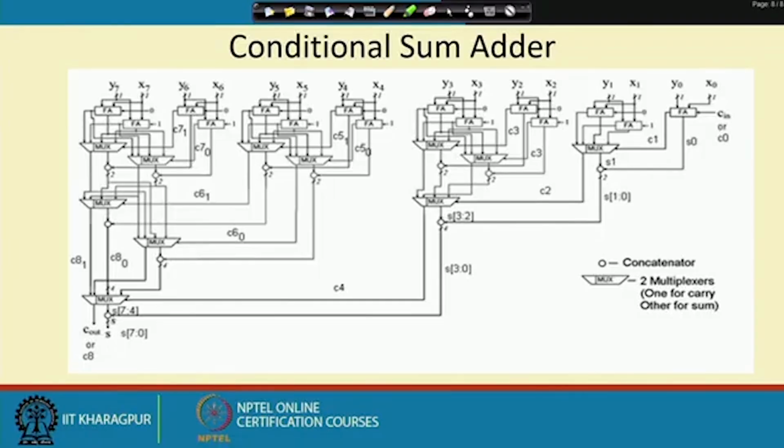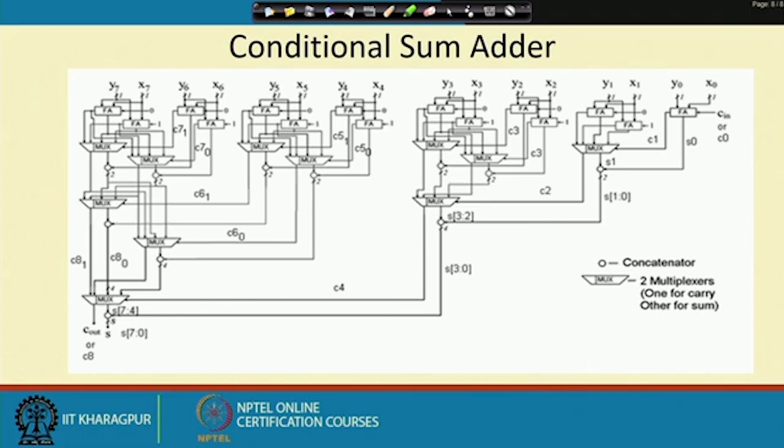But the thing is that I am getting the benefit in terms of delay, but at what cost? I am putting in extra hardware, that means extra multiplexers in this circuit, so that I am making it redundant.